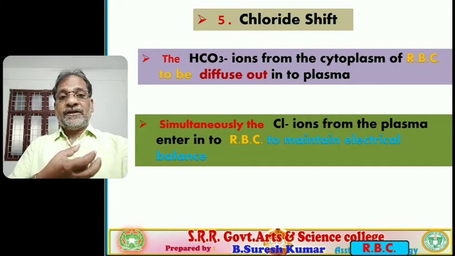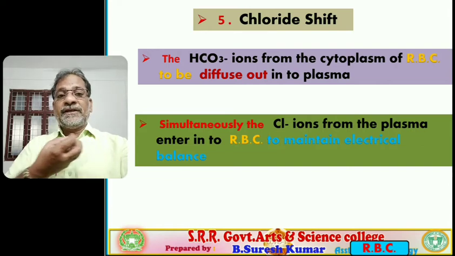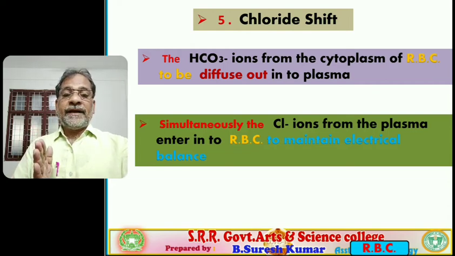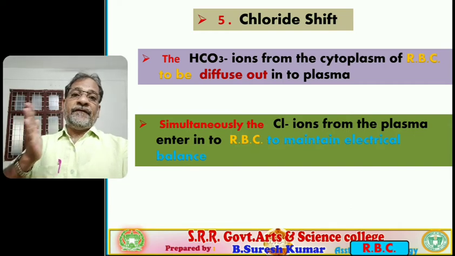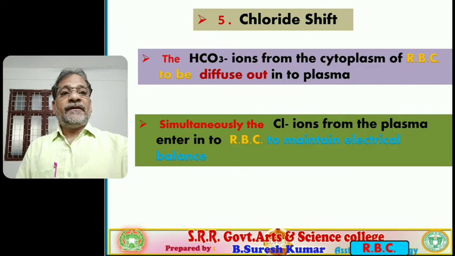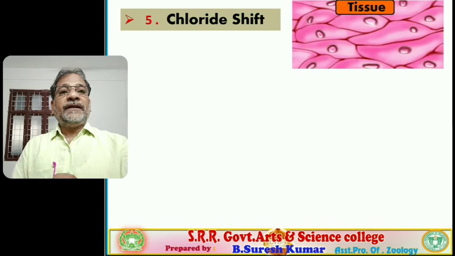If HCO3 minus ions continuously diffused into plasma, the electrical balance would be disturbed, so to avoid that, chloride minus ions simultaneously diffuse from the plasma side into the RBC. That is chloride shift.